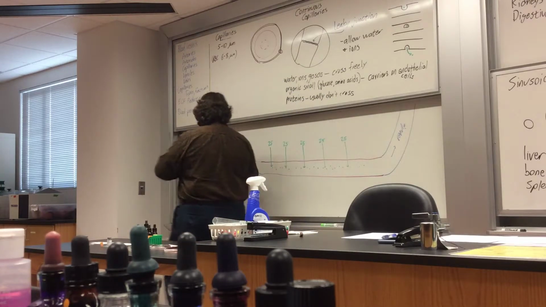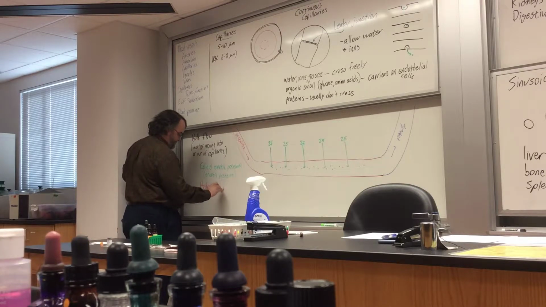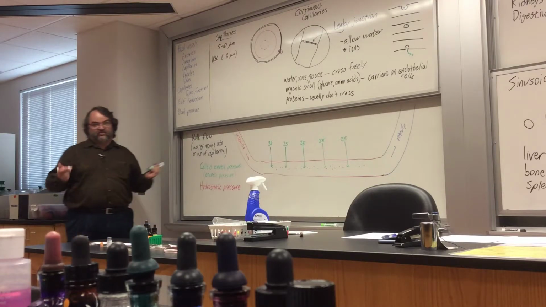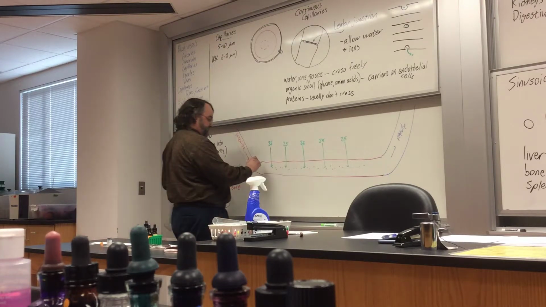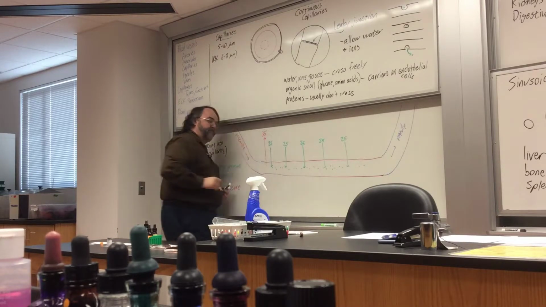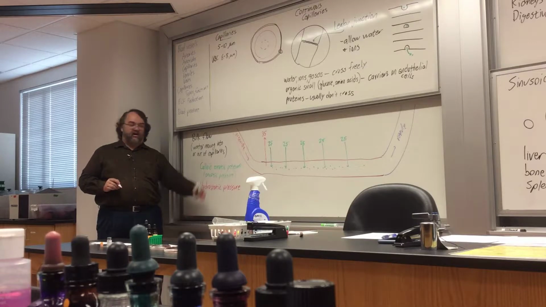So the outward hydrostatic pressure, this is just blood pressure, is about 35 millimeters of mercury on the arterial side of the capillary.